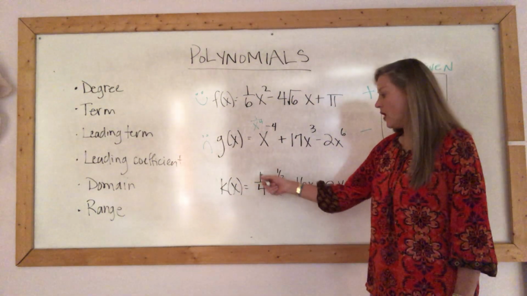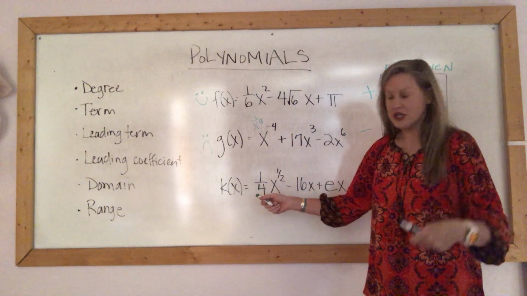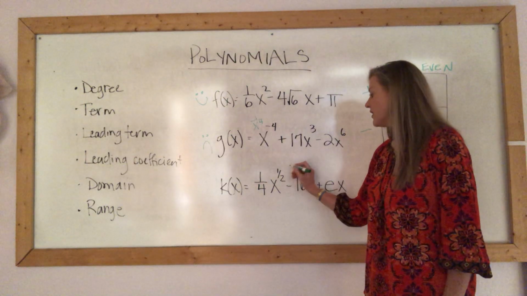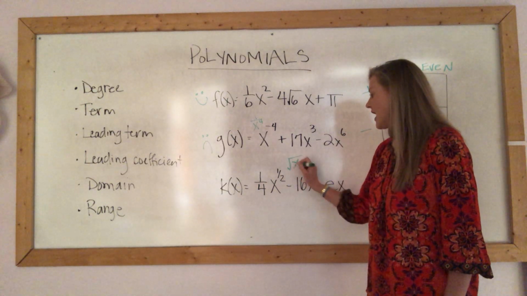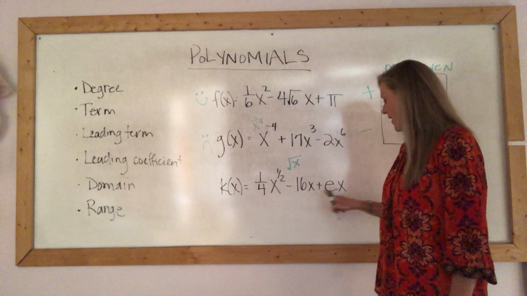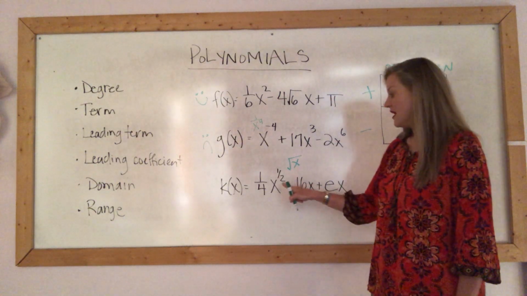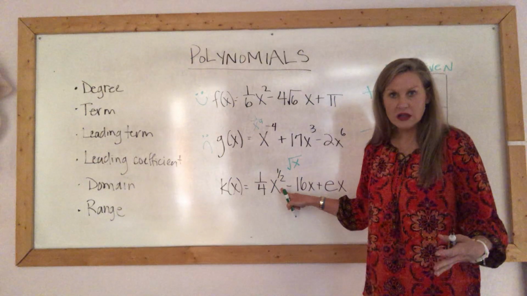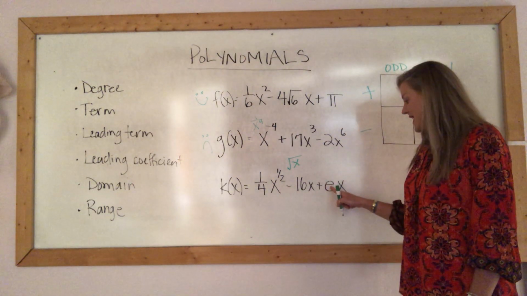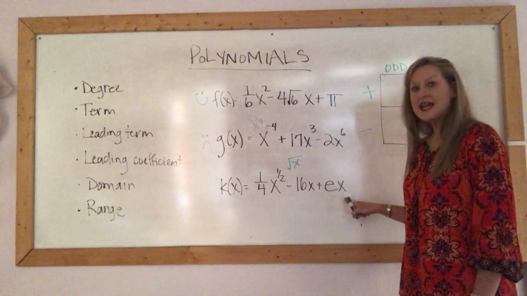This guy, 1/4, okay, that's fine. Numbers can be fractions. X to the 1/2, whoops, x to the 1/2 is the same thing as the square root of x. So I don't even need to talk about these other guys because, again, first term, flunks, you're not a polynomial. Quick comment over here, e times x.